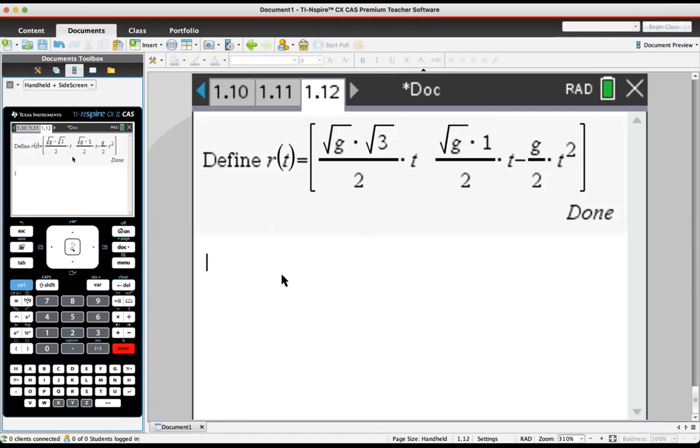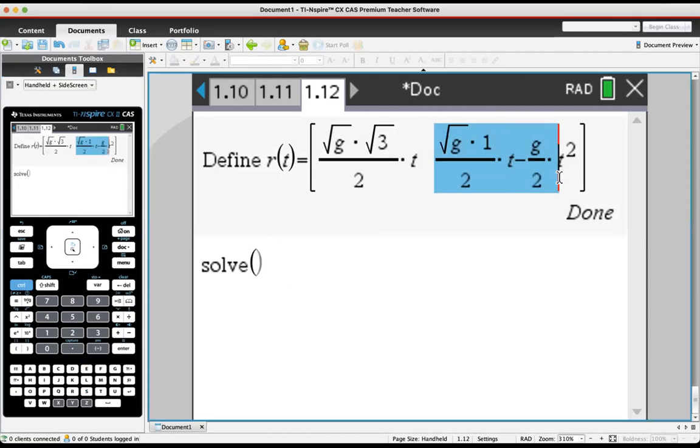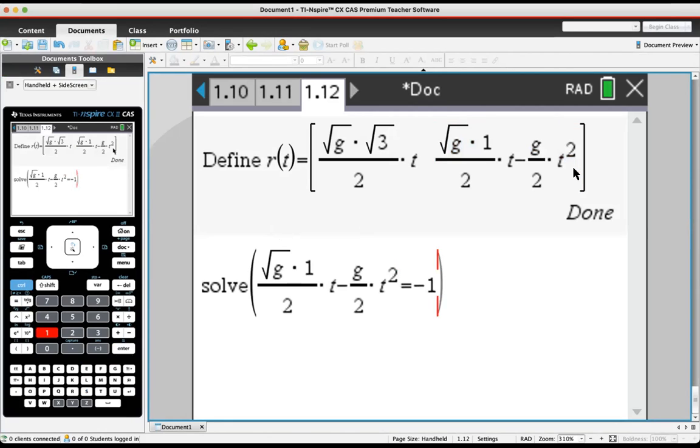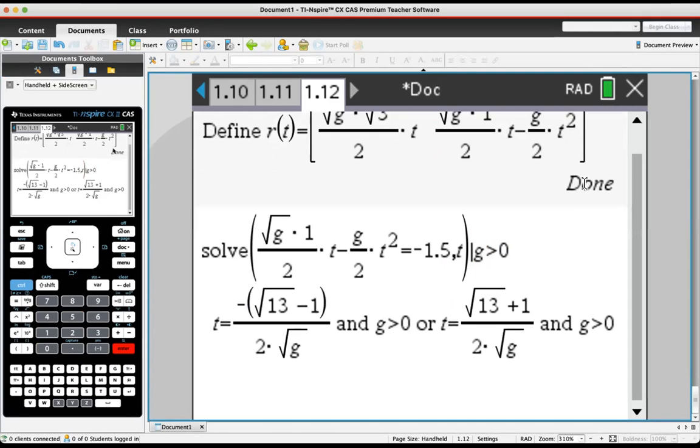All right, and then we can solve when the vertical component is equal to minus 1.5. If we take upwards as the positive direction for t, given that g is greater than 0, you can actually get 2 times, but definitely we take the positive one, okay?